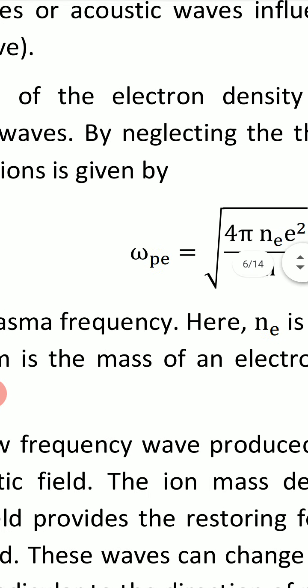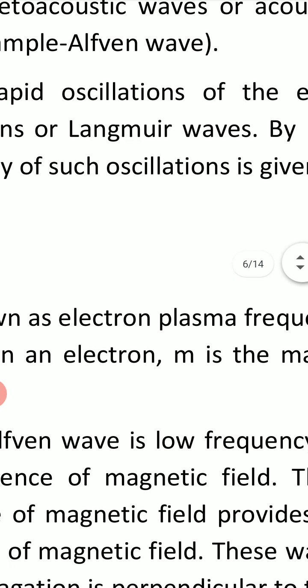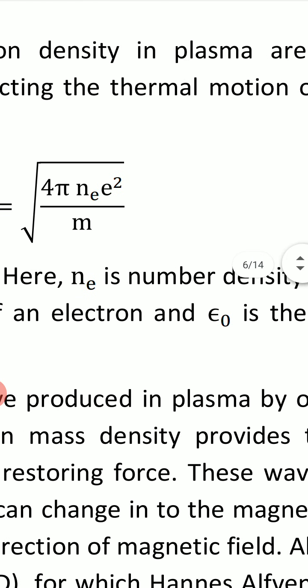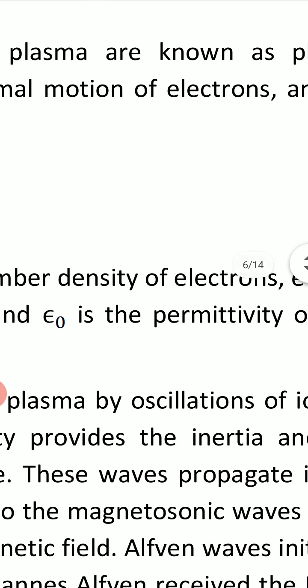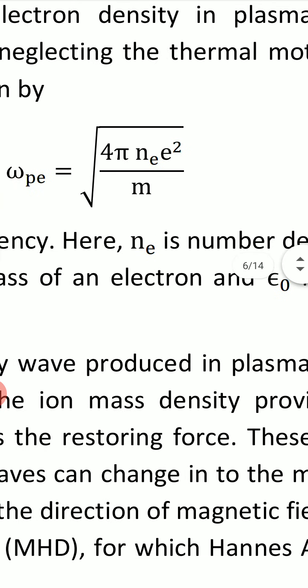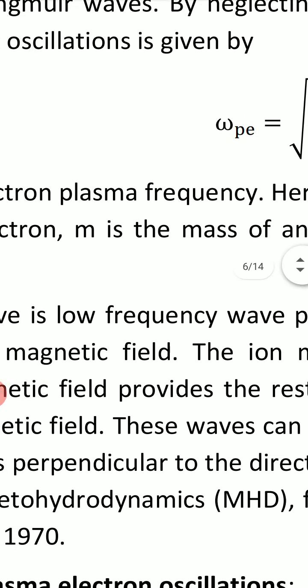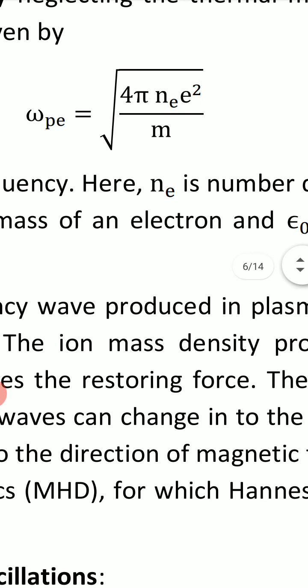So, if there are rapid oscillations of electron density in plasma, then the waves are of this frequency, which is known as electron plasma frequency, omega_pe, and it is given by under root 4 pi N_e e squared upon m.